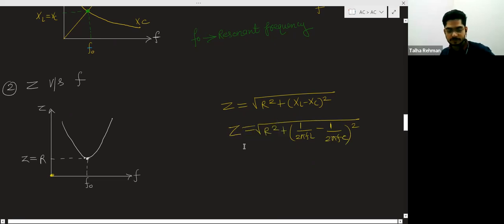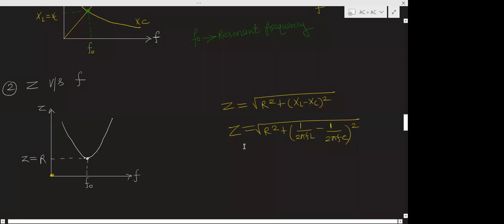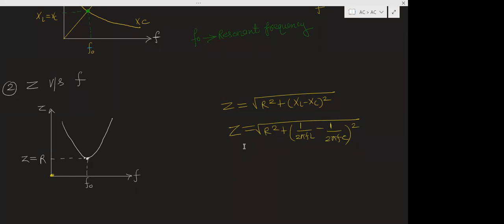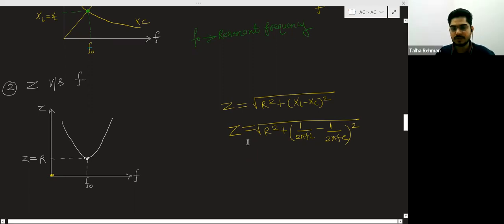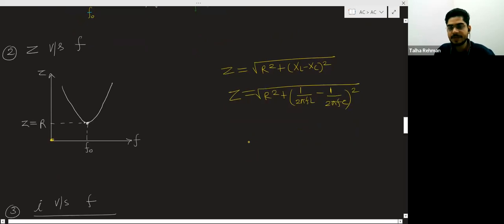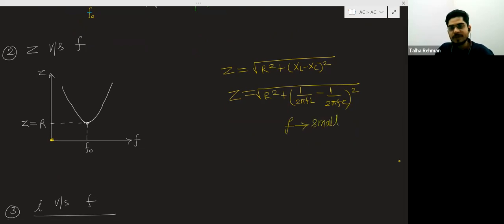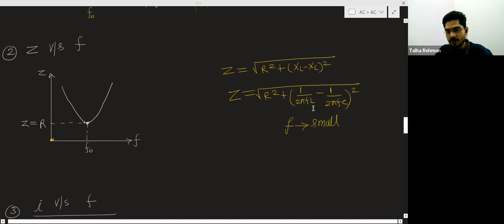For example, if I am taking f small, then see this z, what is happening here?